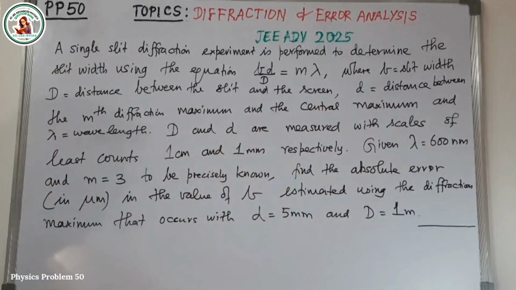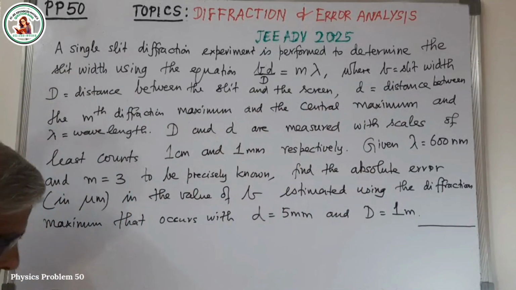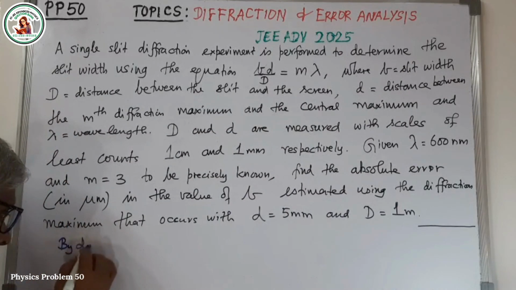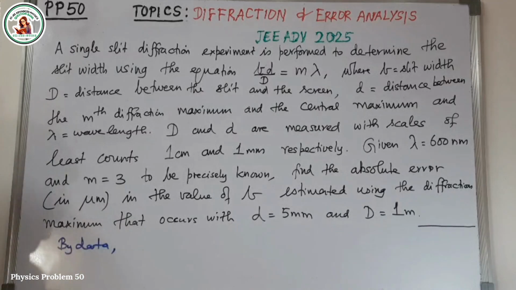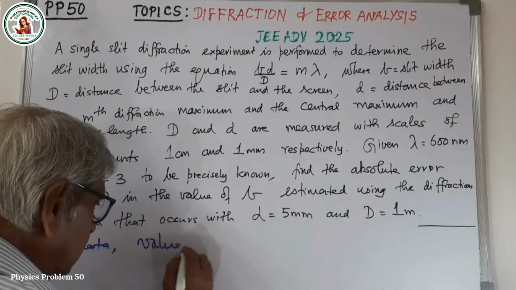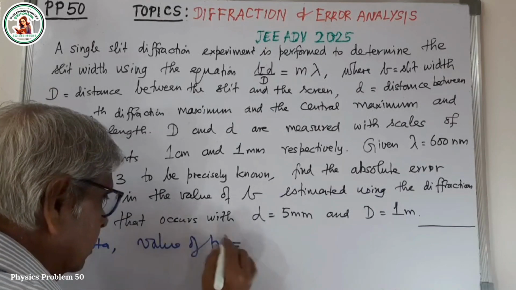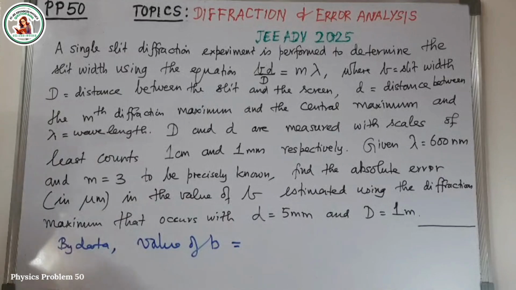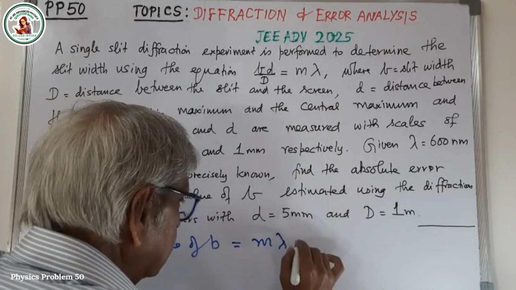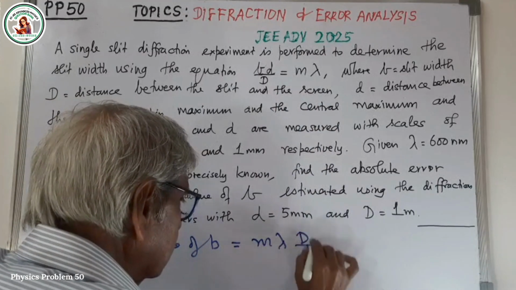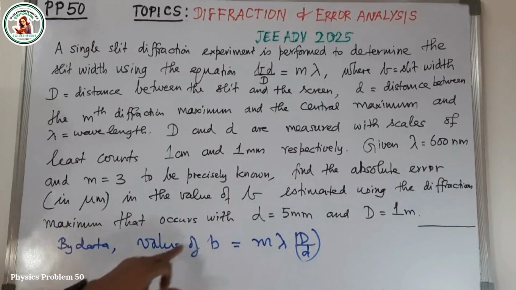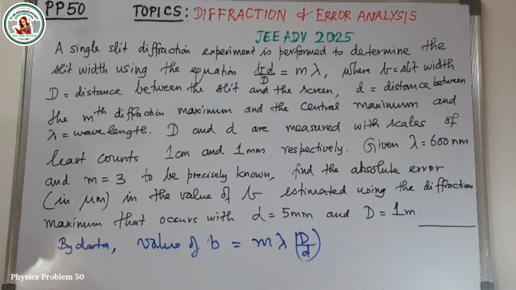So b is equal to m lambda into capital D by small d. That is from the given formula.